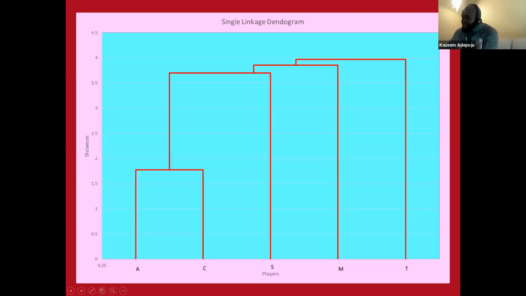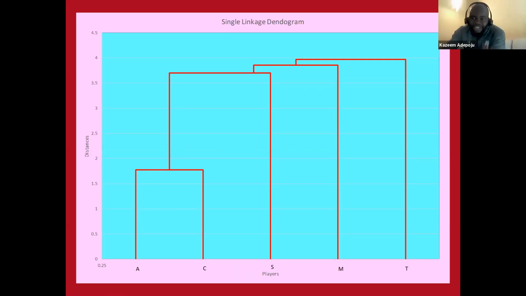Look at that. We can start from AC. After the AC, we go to ACS, and after the ACS, you continue to move to ACMS, and lastly, ACMST. Is there anyone who doesn't know how to sketch this particular dendrogram? And what are we using to sketch the dendrogram?